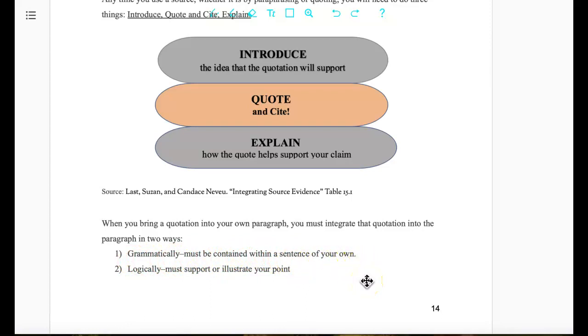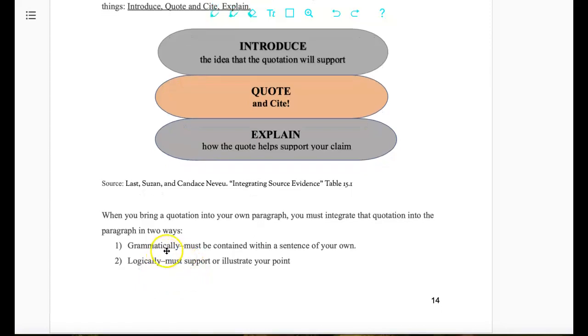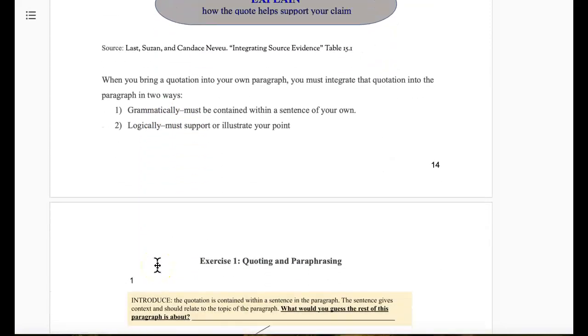So that means you can't just have a sentence that is a quotation. You need to integrate that quotation into one of your own sentences, and we'll talk on the next page about what that looks like. And then second of all, this is very important, logically, it must support or illustrate your point. All right, let's talk about how you integrate both grammatically and logically on this next page.